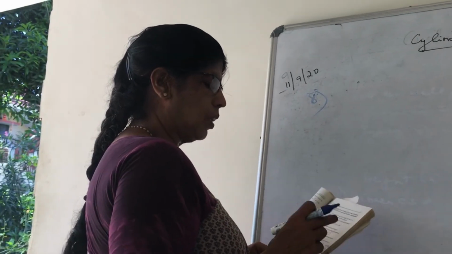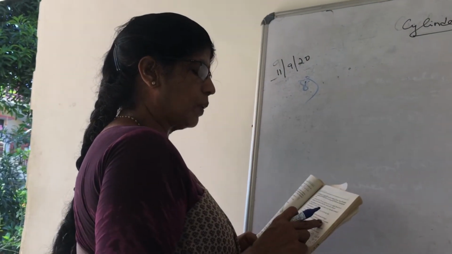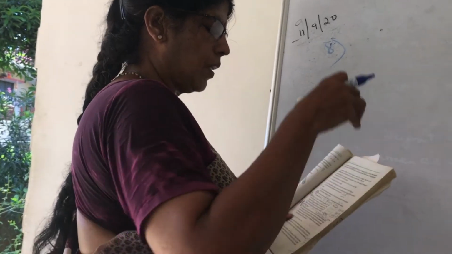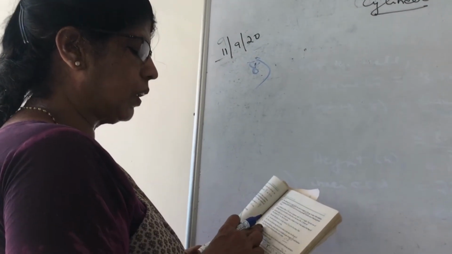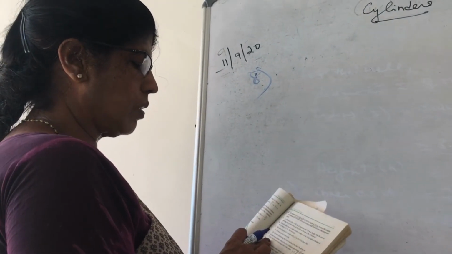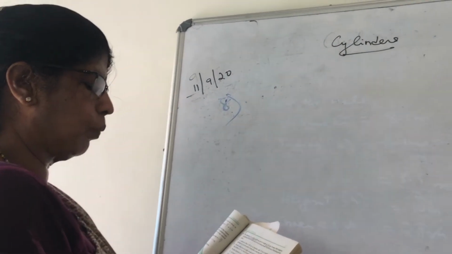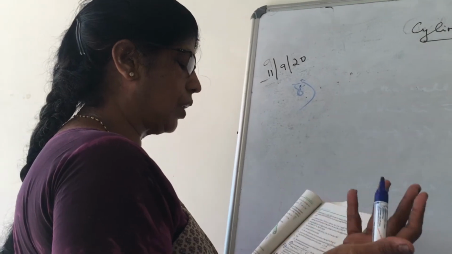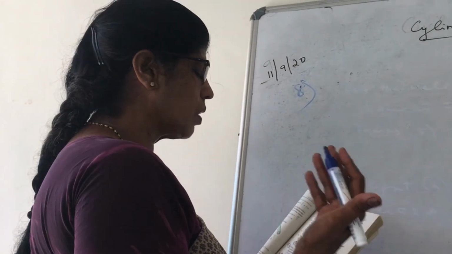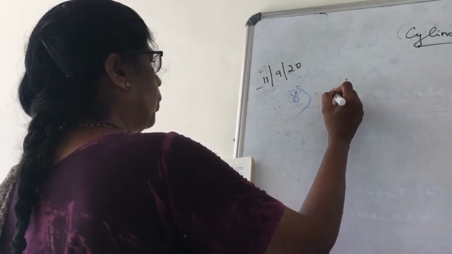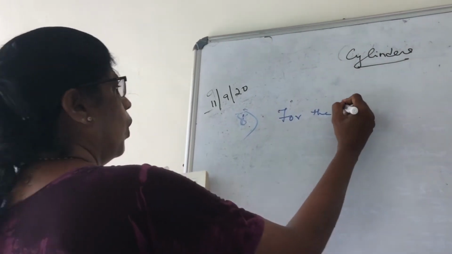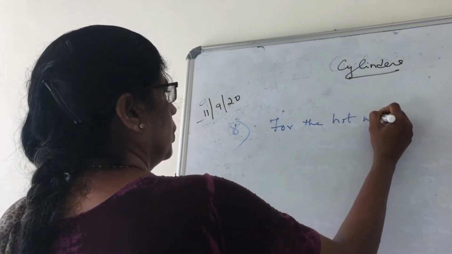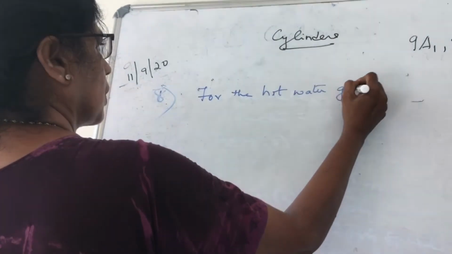In that geyser, you are given the height. How much is the height, children? There is a cylindrical pipe of height 28 meters and diameter 5 centimeters. Find the total which will radiate the heat, children. It is only the inner surface area for the hot water geyser.